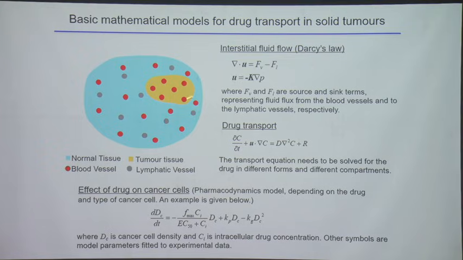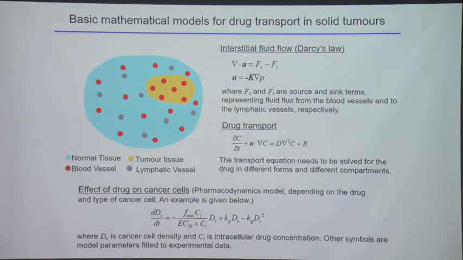For tumor tissues, it has usually been found that there is a dysfunctional lymphatic system, so you don't usually model the lymphatic system within tumor tissue. Or if you do include it, then the drainage should be reduced significantly compared to the drainage effect in the normal tissue. Then you can use the standard transport equations that we described before.